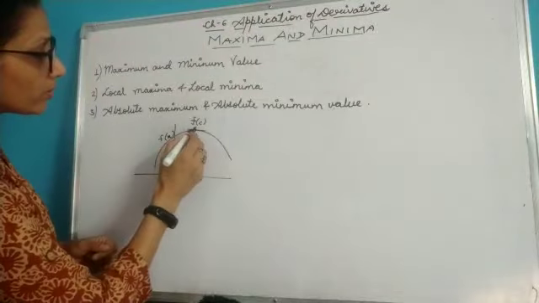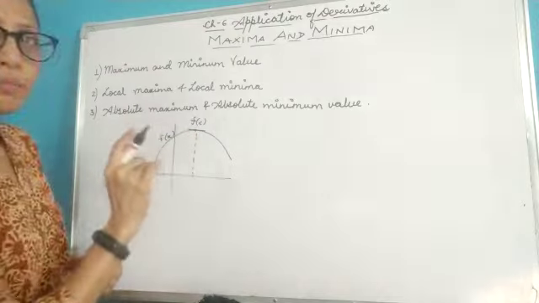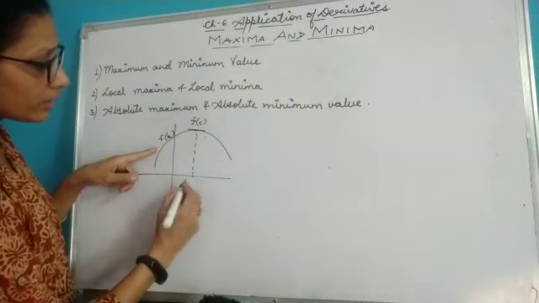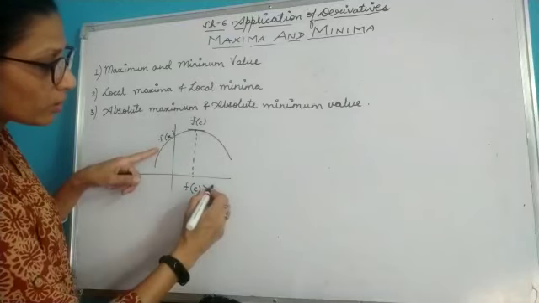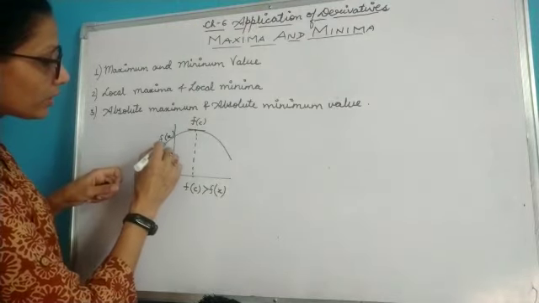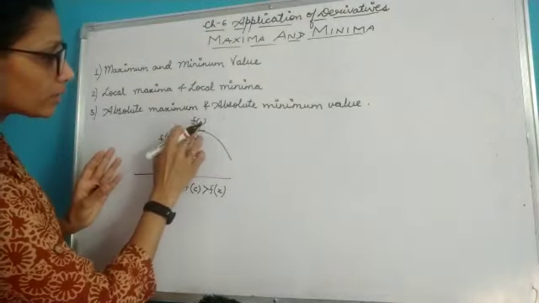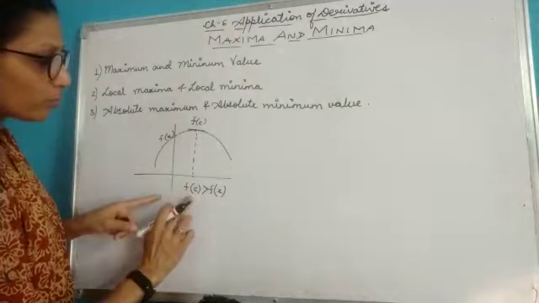f(x). Now children, this point is the maximum value on this curve. That means I can say this f(c) is greater than all other points which are lying on f(x). If these are the points lying on the curve, then this f(c) is the maximum value over here.